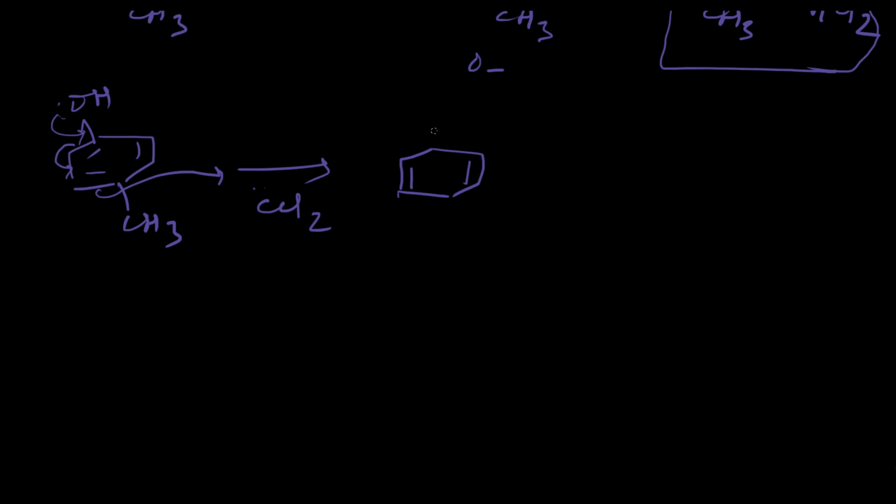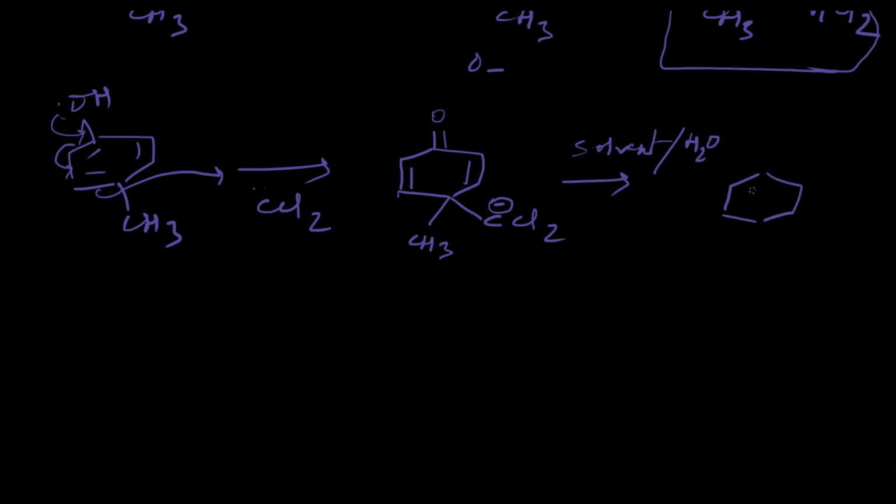After the reaction between the phenol derivative and dichlorocarbene, this intermediate forms, which then abstracts a proton from the solvent or a minute amount of H2O present in the system to generate this compound.